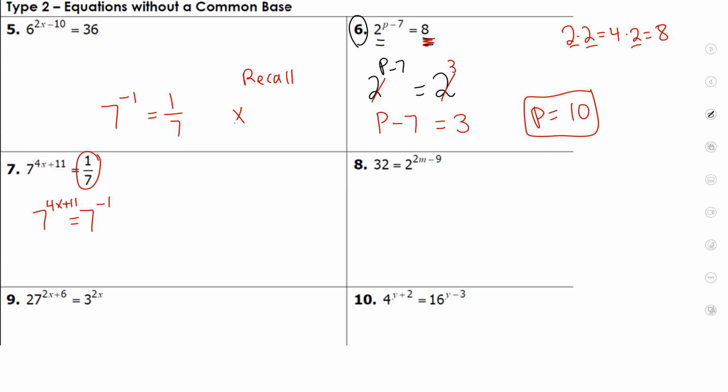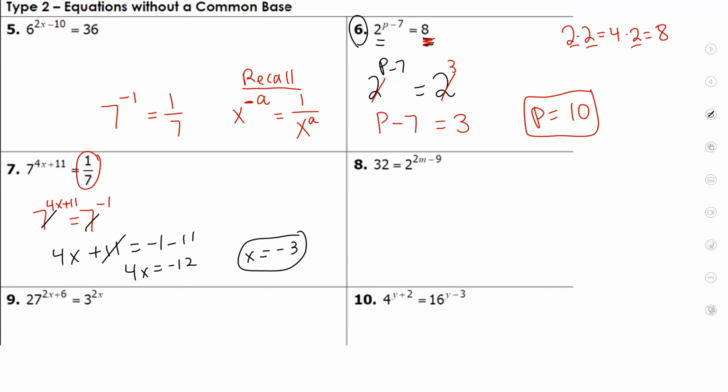If you have x to a negative exponent, you can write this as 1 over the same thing, but make the exponent positive. Okay, this is the rule. Okay, so now guys, my bases are the same. Just equal your exponents to each other and solve it. So what would the answer be? Yep, -3. 4x equals -12, so x is -3. Perfect. Okay, I'm going to pause here and let's look for a more difficult one.